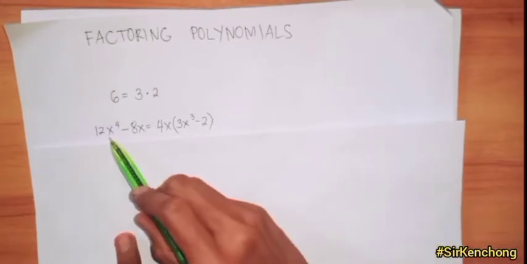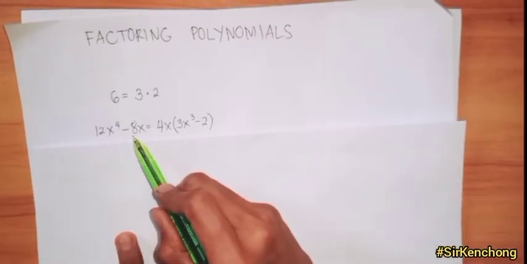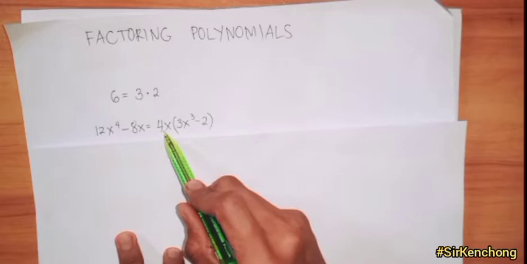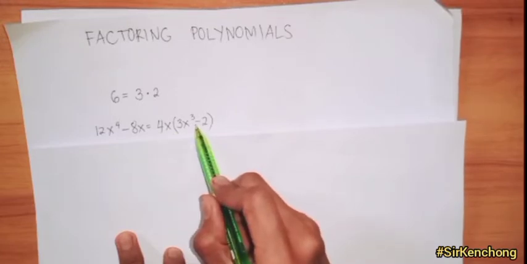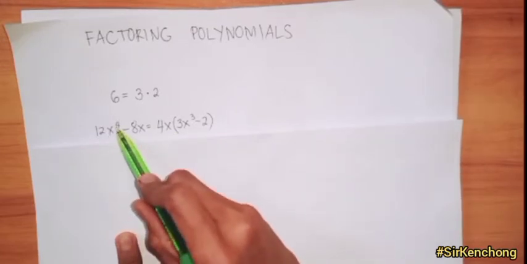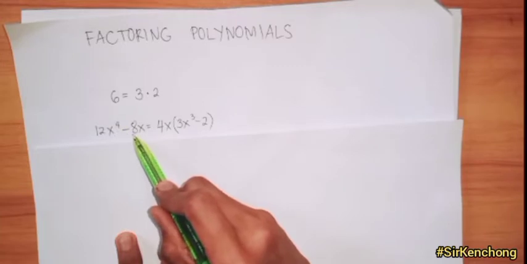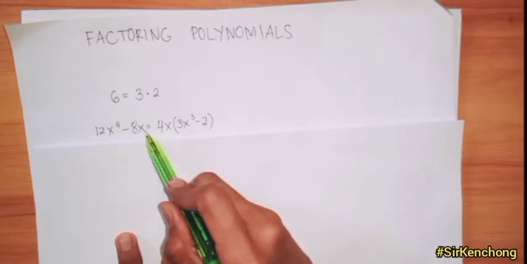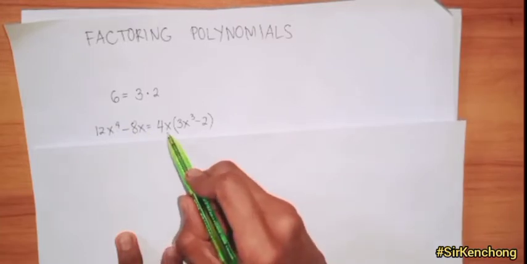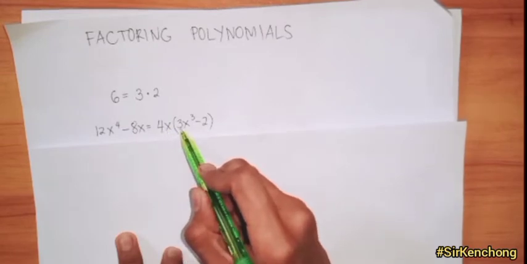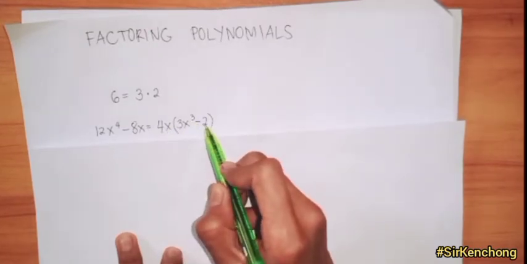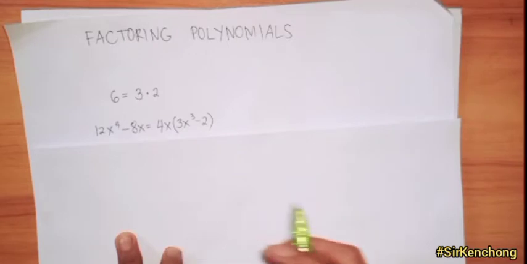So itong polynomial na ito ay rewrite natin as a product of these two polynomials. So we have 12x to the 4th power minus 8x is equal to the product of 4x and 3x cubed minus 2. So that's what we call factoring.